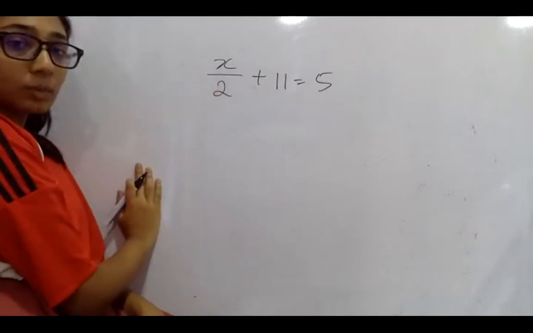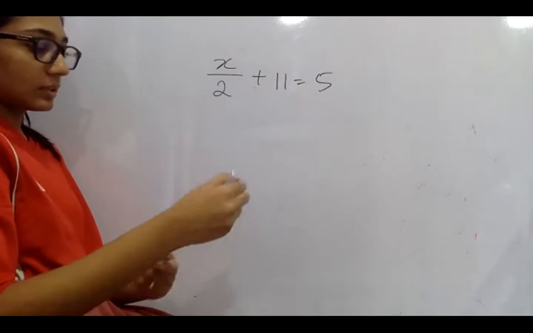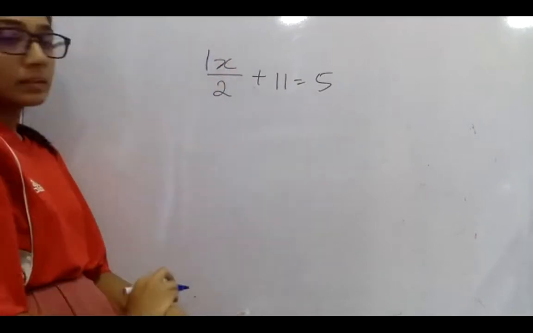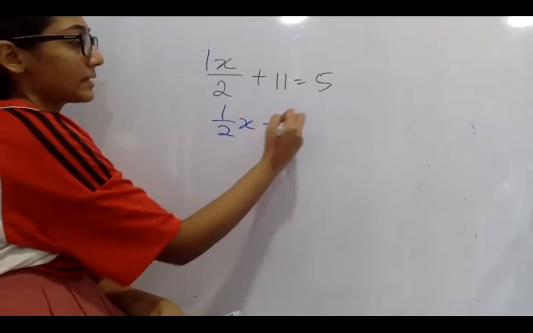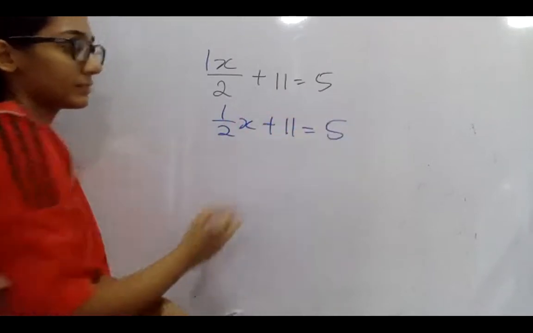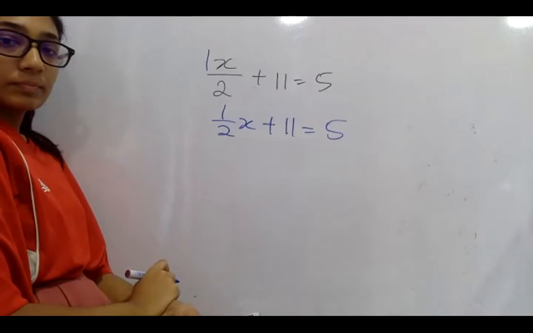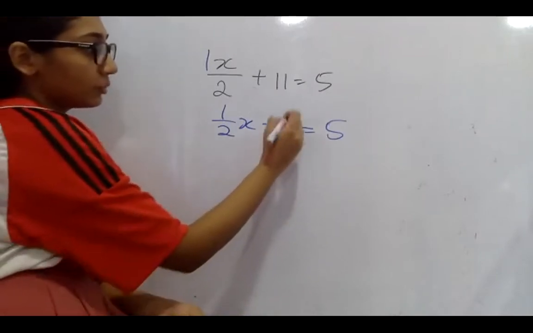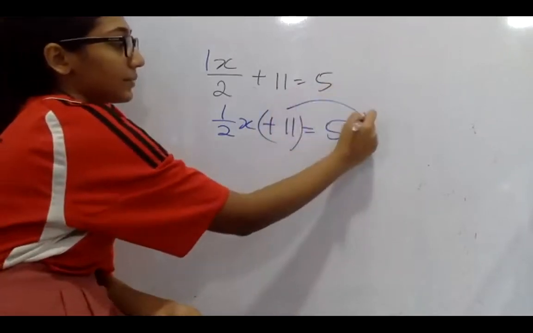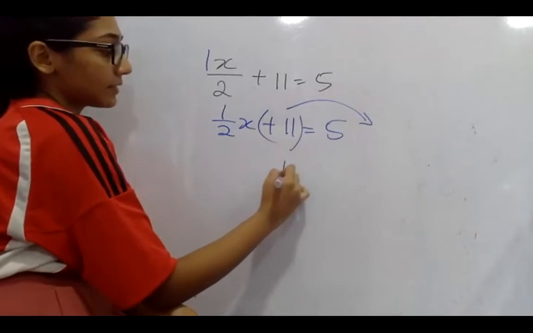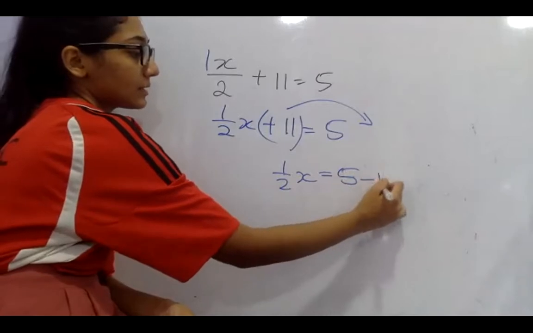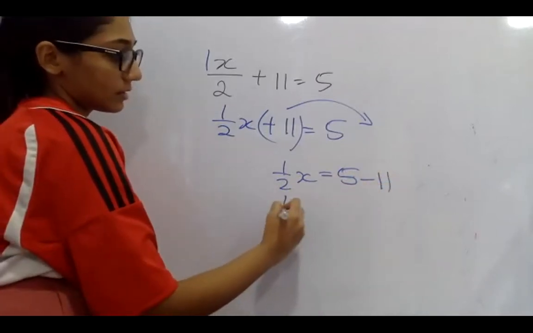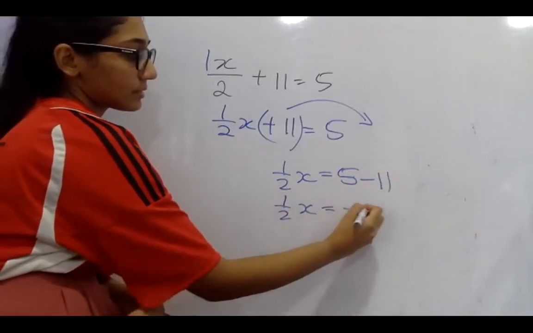No number at the top means it's 1. So it's actually 1 over 2x plus 11 equals 5. And then move the number first. Plus 11 I bring over is minus 11. So 1 over 2x equals 5 minus 11. 5 minus 11 is minus 6.